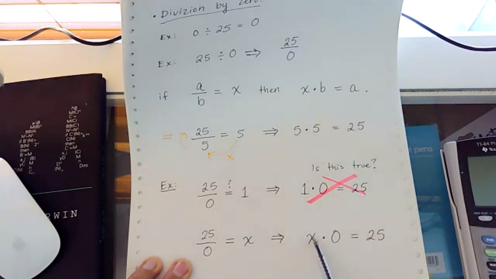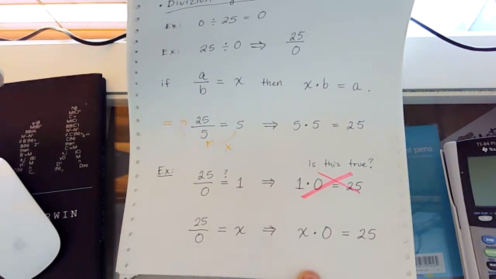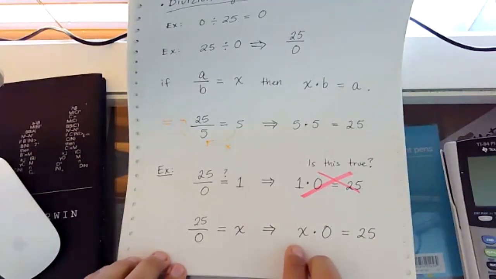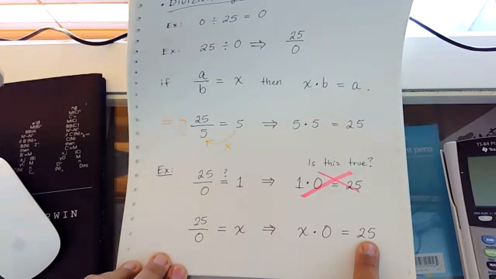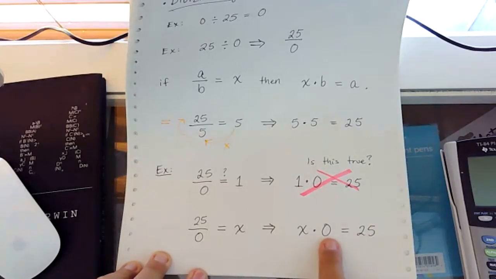What does this number have to be? Can anybody think of a number that would multiply by 0 and give you 25? Nothing. There is no number that you can multiply by 0 and get 25.